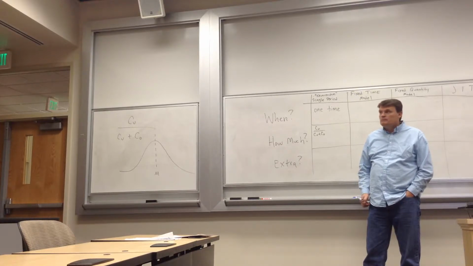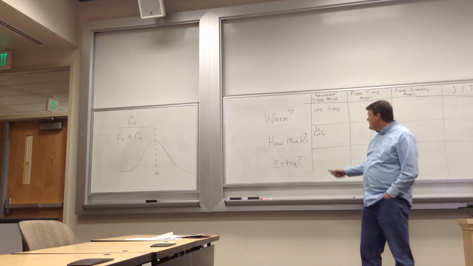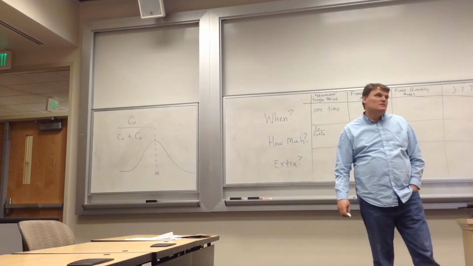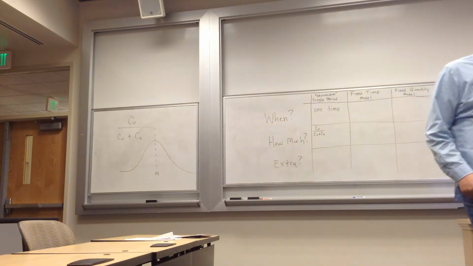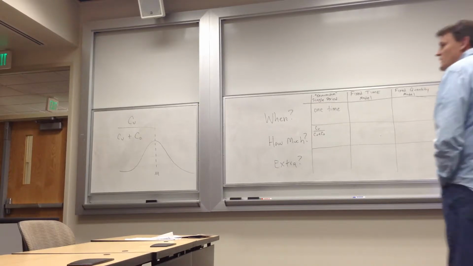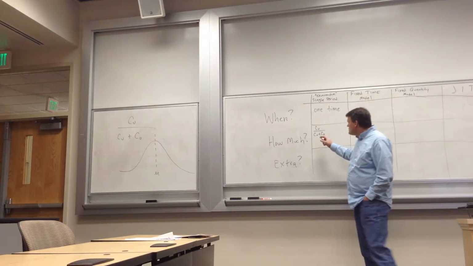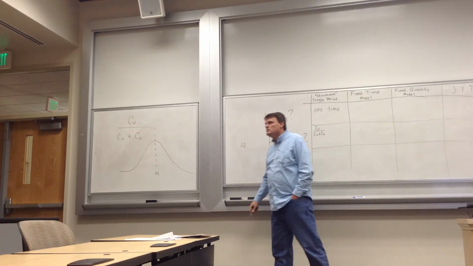The average. On average, how much do people buy? Or if you're planning a wedding, on average, how many invitations did my sister send out? Or my sister-in-law, or my best friend? Okay? So we know we're going to order somewhere around the average.